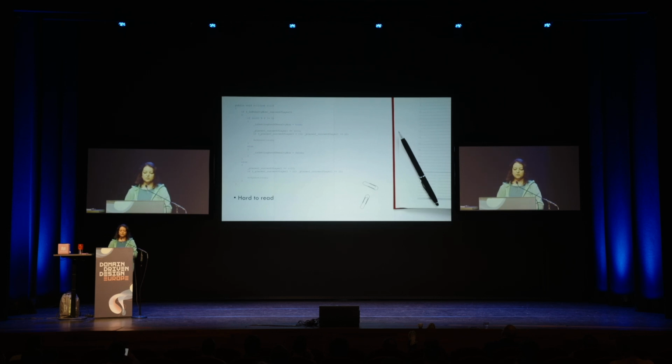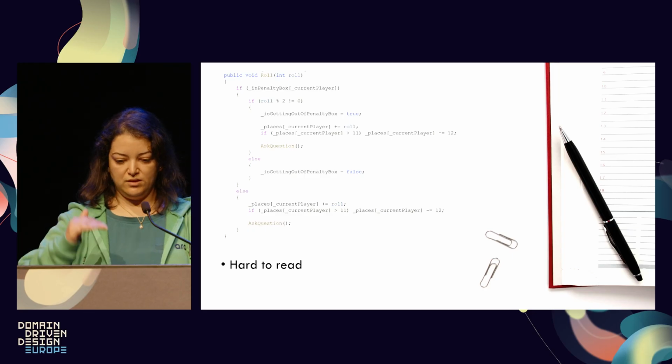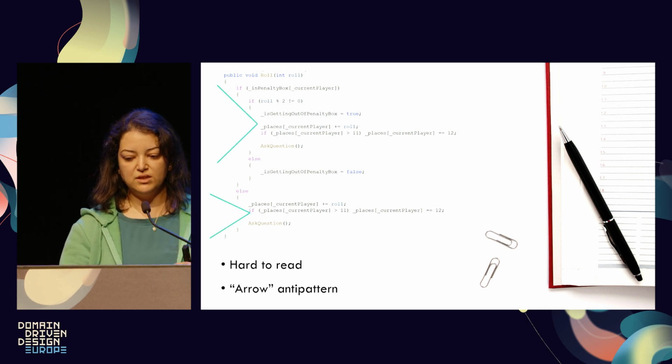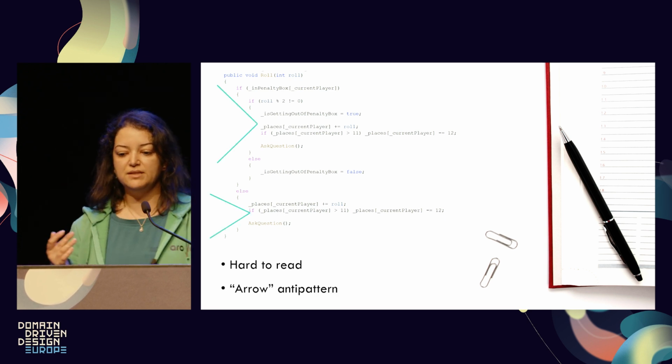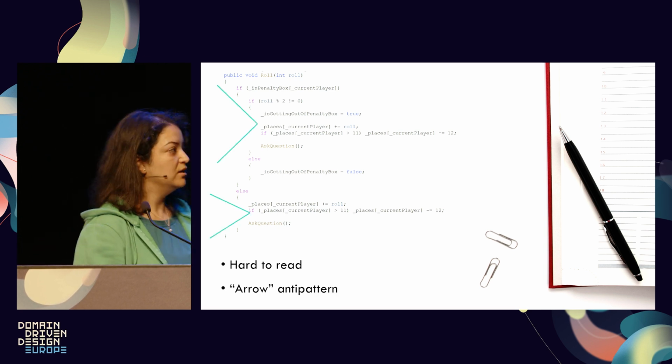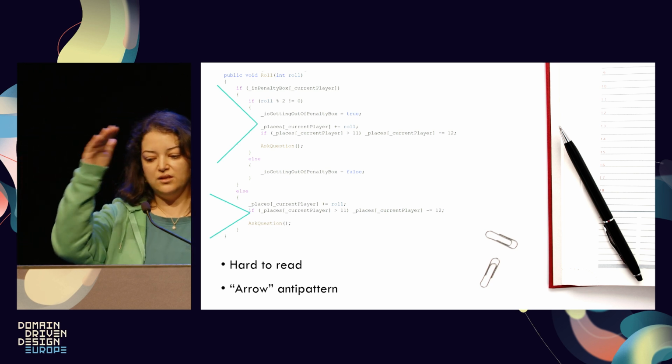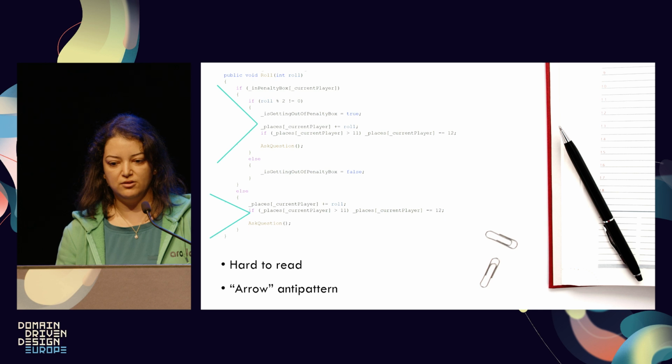And the consequence is that the code is not maintainable. We need perhaps to understand the steps of the different instructions to understand it. And using an else keyword means that you are implementing the arrow anti-pattern, we see the arrow graphically in the code.